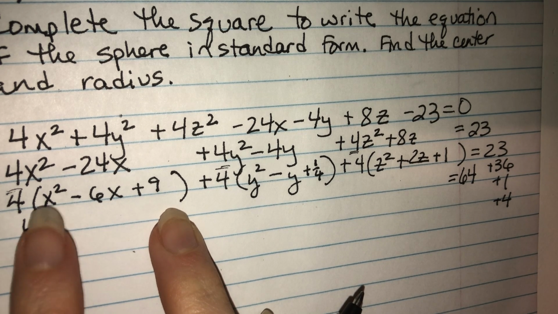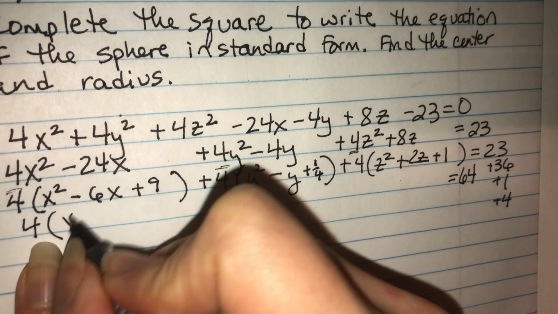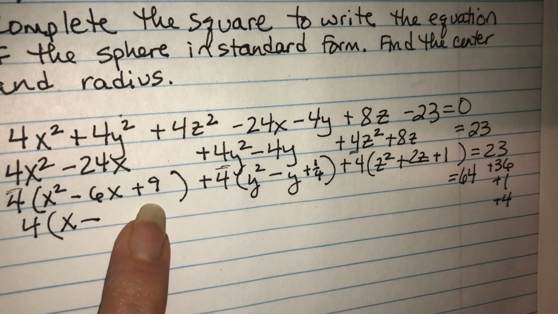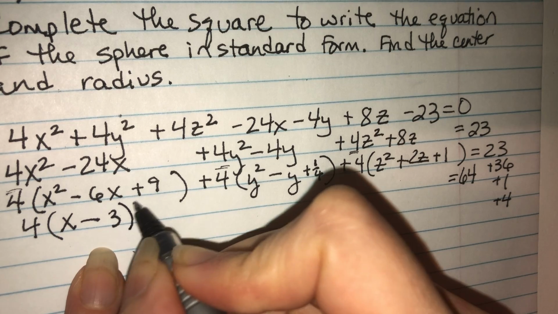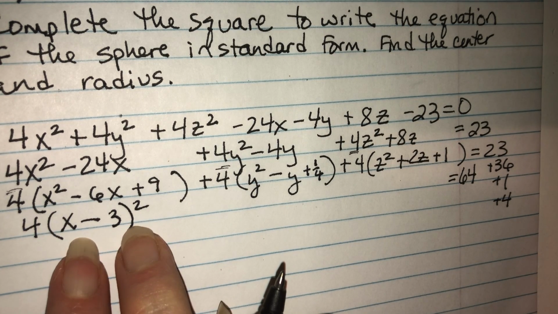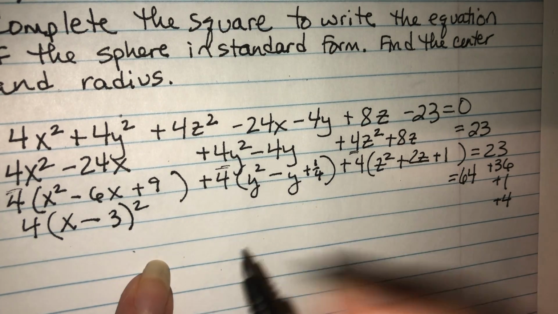And the way I'm going to do that is I'm going to take the square root of the first term, so the square root of x squared would be x, sign of the middle term, so that's minus, and then the square root of the constant term, so the square root of 9 is 3. Put that in parentheses and square it. This is equivalent to this. You could FOIL this out by multiplying x minus 3 times x minus 3. You'll get that.